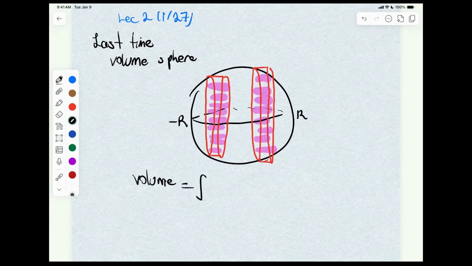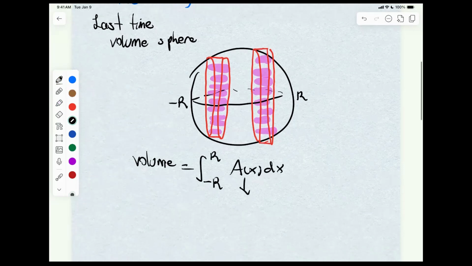So the volume was the integral from negative R to R of A of x dx, where A of x was the area of a disc at position x, let's say, from the origin.